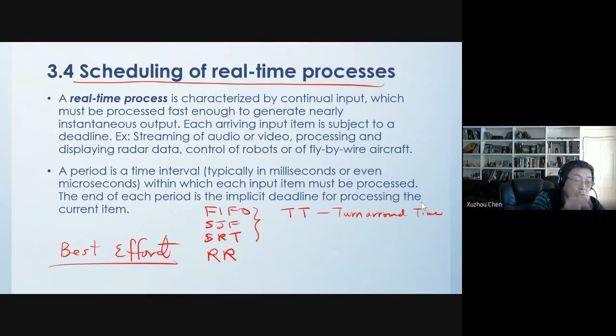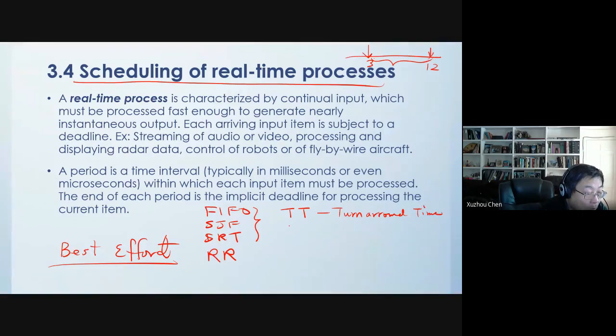If process 2 arrives at time 3 and finishes at time 12, the turnaround time is 12 minus 3, which is 9. So you should be able to calculate the turnaround time.